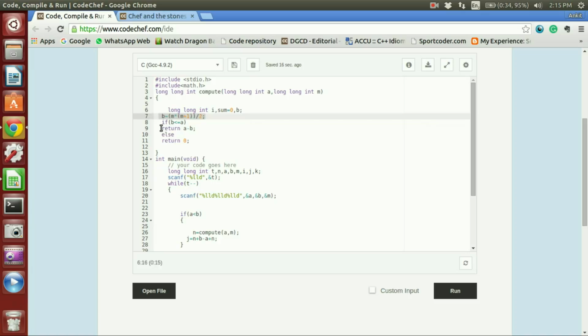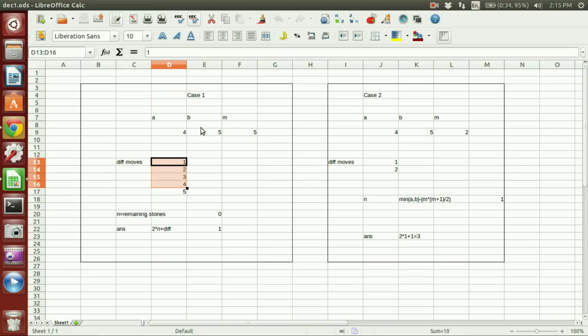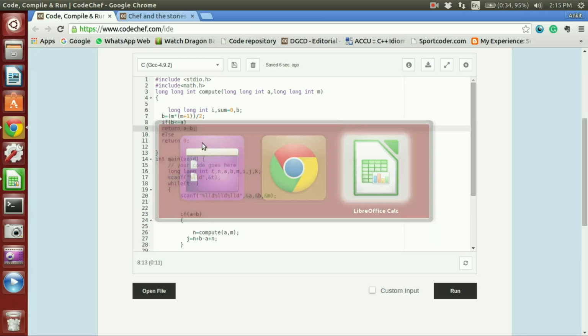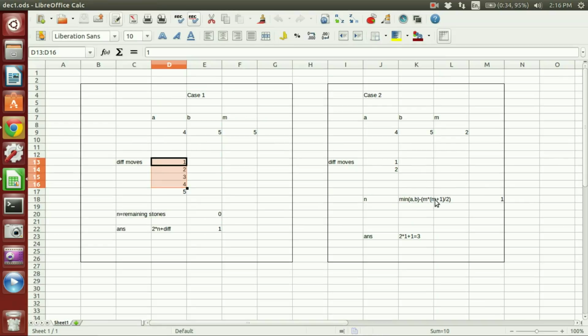If not, that is, if b is less than or equal to a, then we return the difference between them, else we return 0. That is, if the summation is less than the minimum value, then we return the difference, else we return 0.